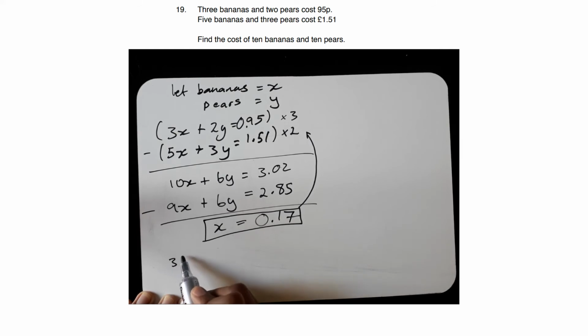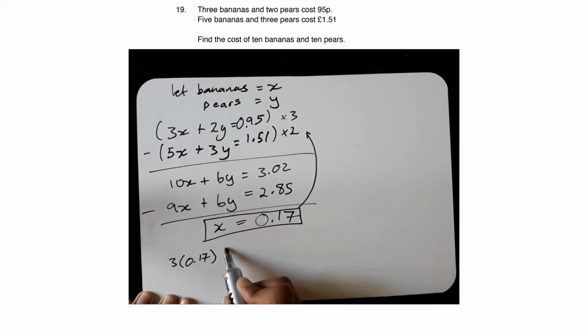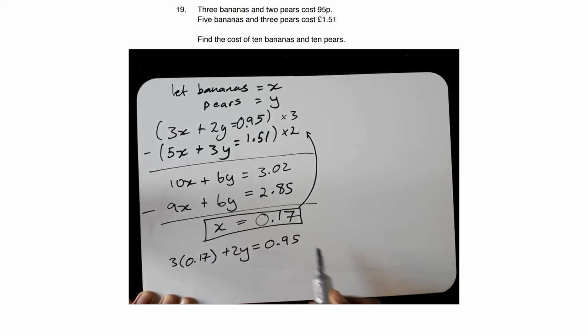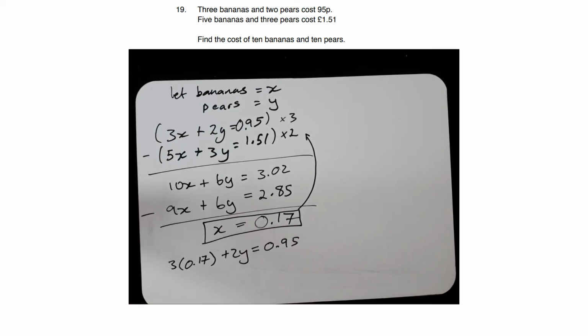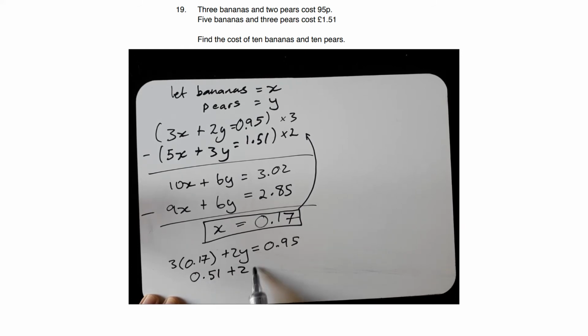So it's 3 open bracket 0.17 plus 2y is equal to 0.95. So 0.51 plus 2y is equal to 0.95.